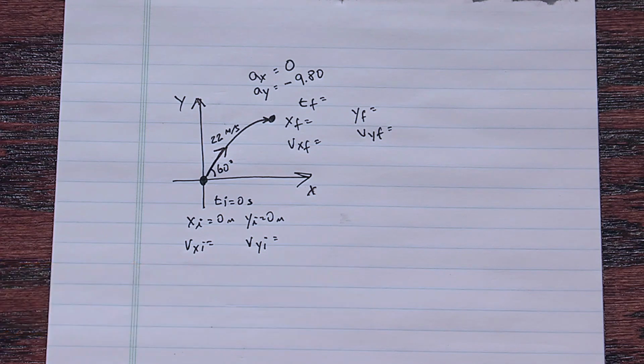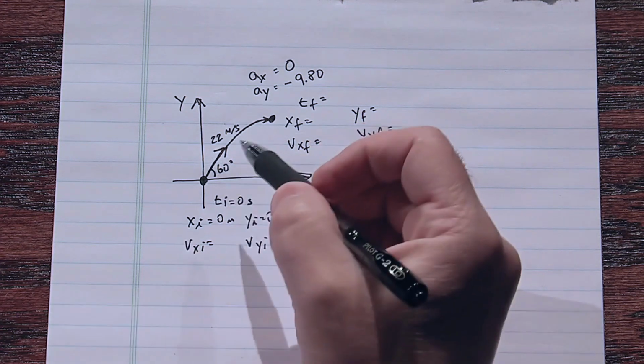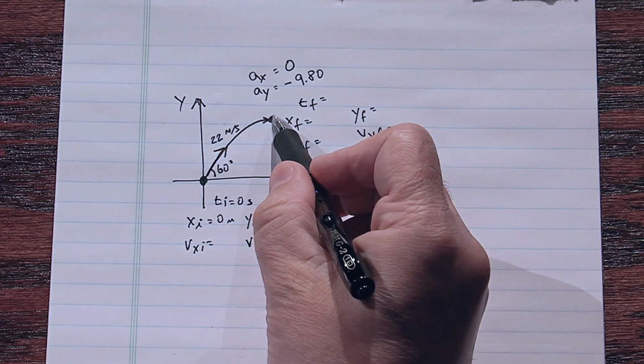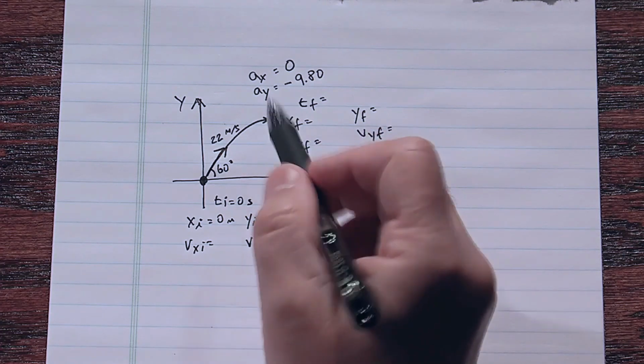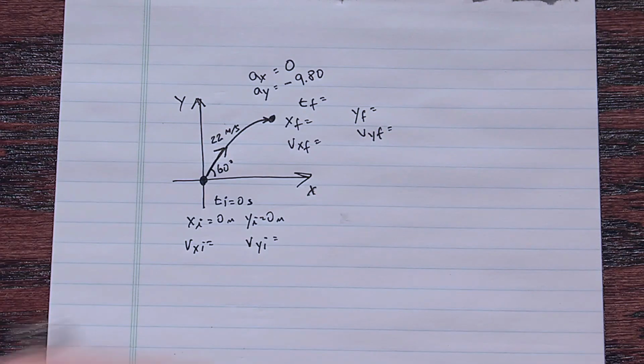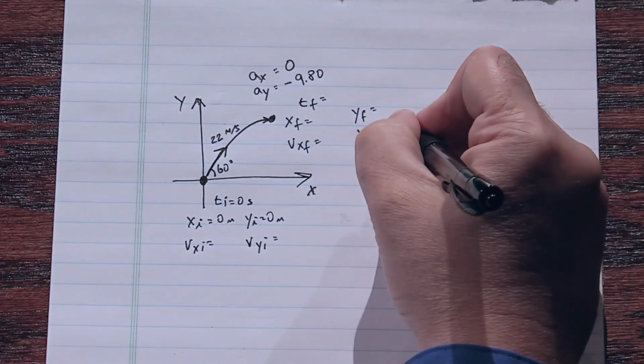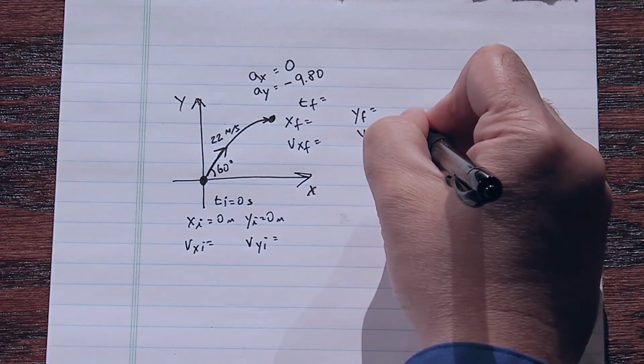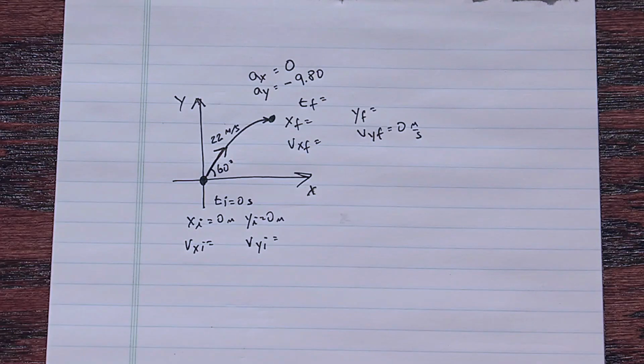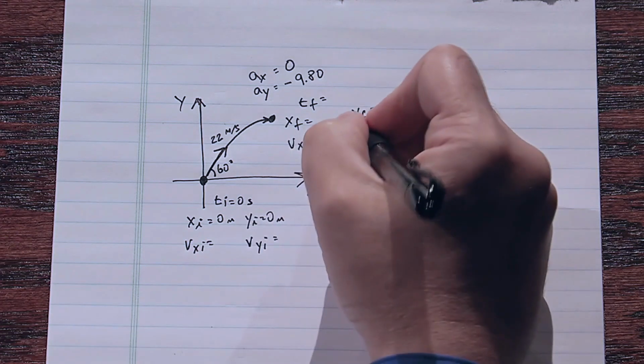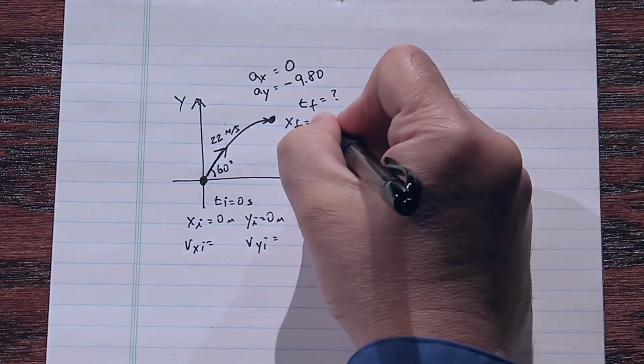There is one thing that we can infer from the fact that the ball is at the top of its arc, and that is when it's at the top of its arc, it's neither moving up nor down. So we know in this case that Vy final is equal to 0 meters per second. It's not moving in the positive y direction, it's not moving in the negative y direction. All the rest we don't know.